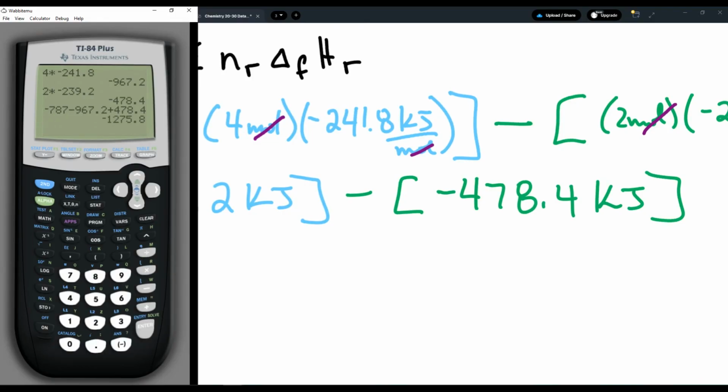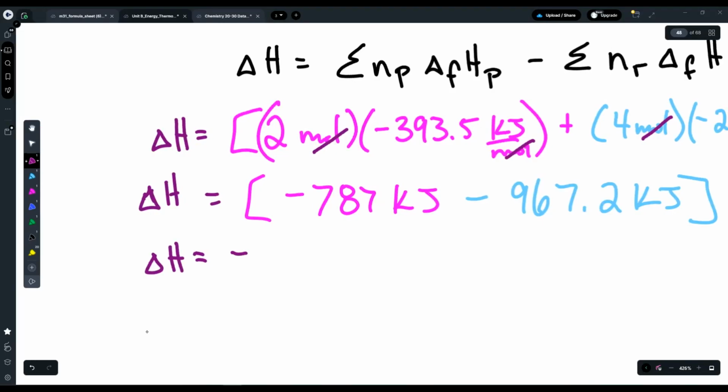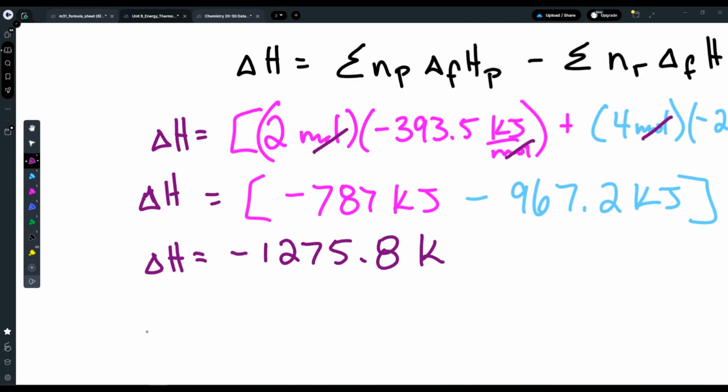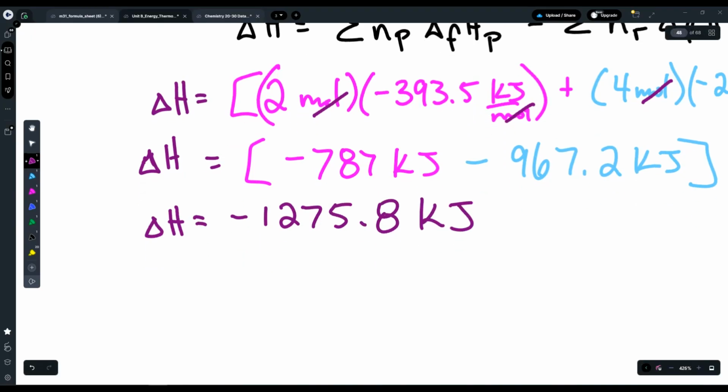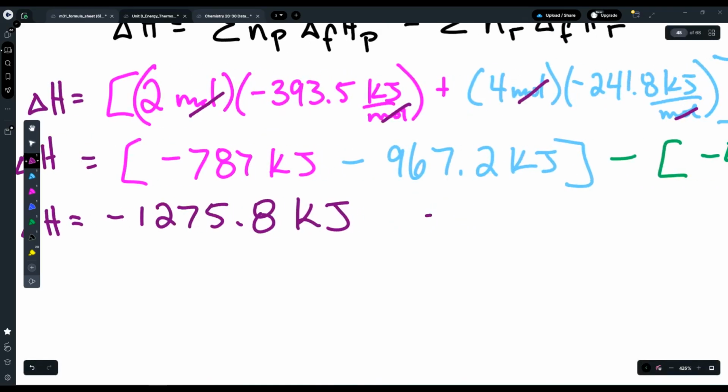So our change in enthalpy is going to be negative 1,275.8. Okay, so as a reminder, this is for the whole reaction.